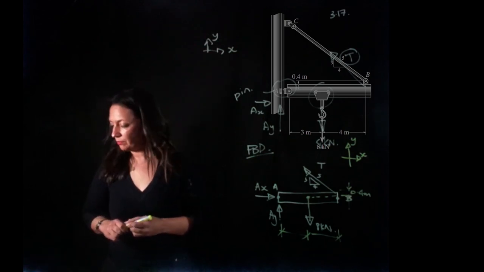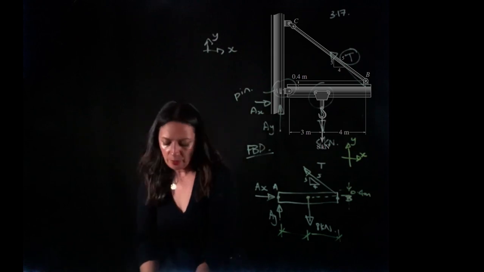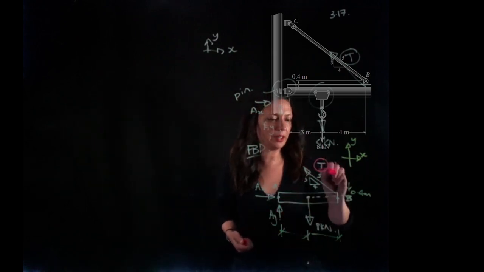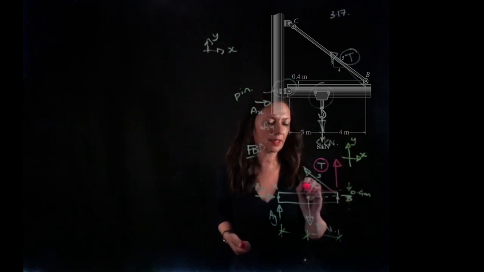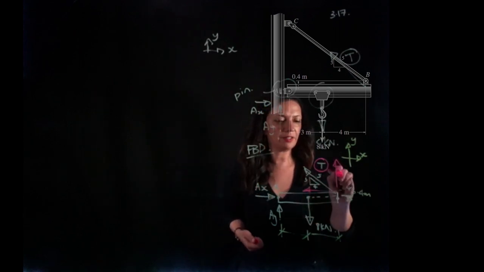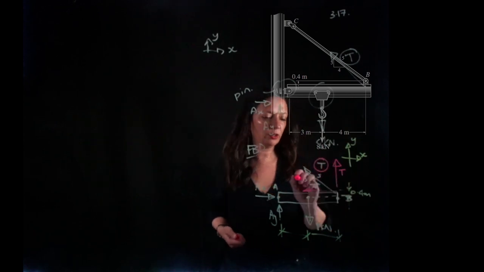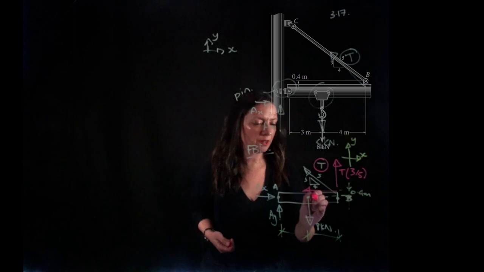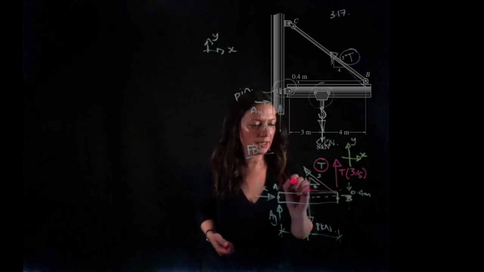I hope so. So what's the first thing that we're going to do with this tension? We need to break it up into X and Y components. So I'm going to have T in the vertical, T 3 on 5, and in the X I'm going to have T 4 on 5.